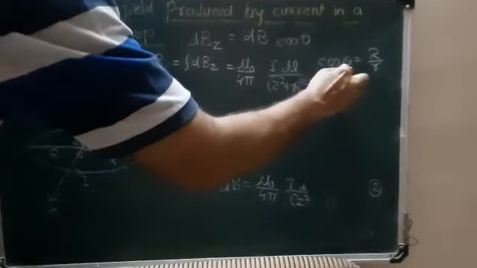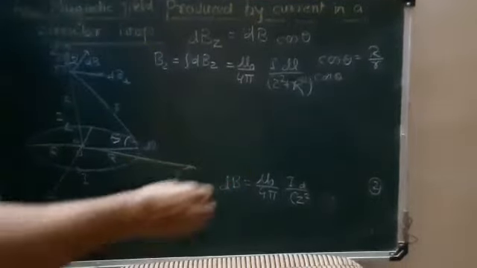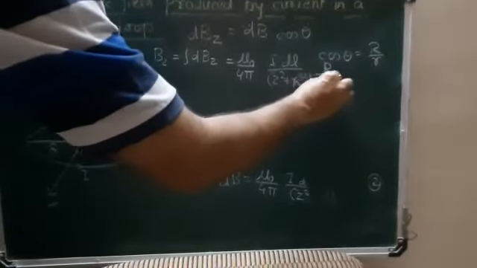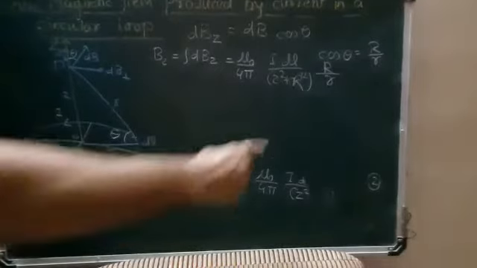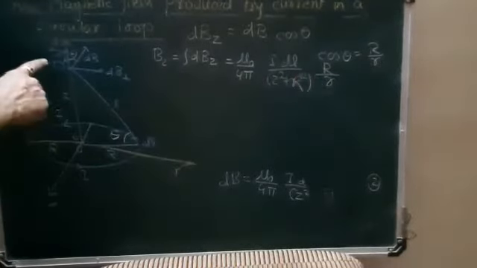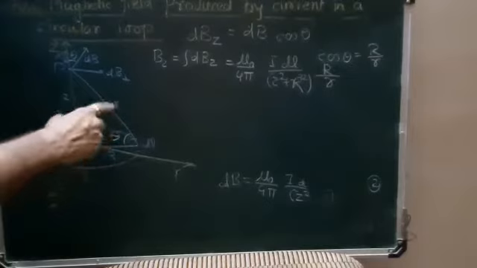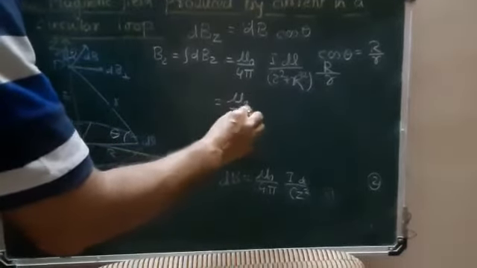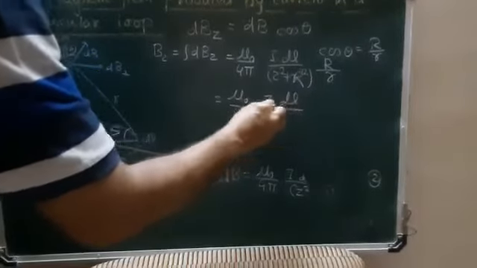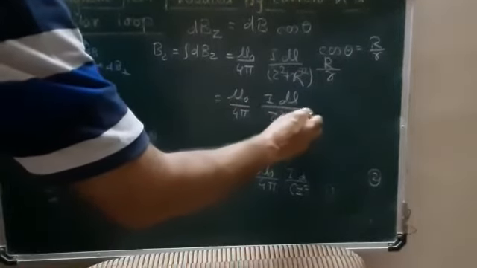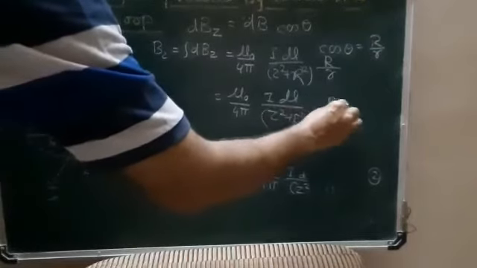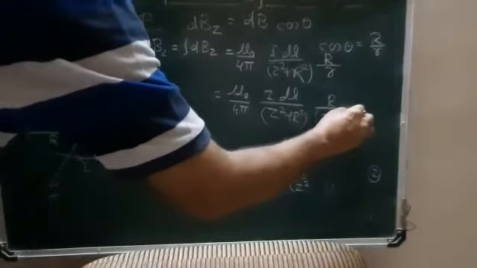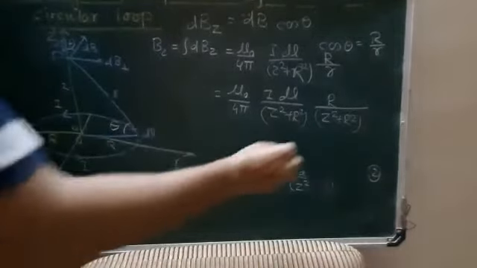Instead of this cos theta, we substitute capital R upon small r. Instead of this small r, again from the Pythagoras theorem, we substitute, which is equal to mu 0 upon 4 pi, I dl upon z square plus R square, into R upon z square plus R square raised to half.